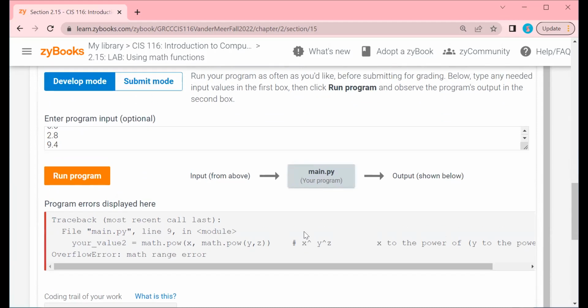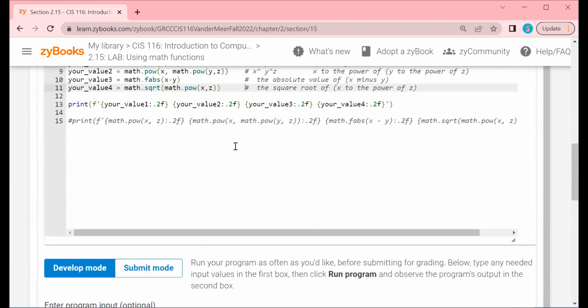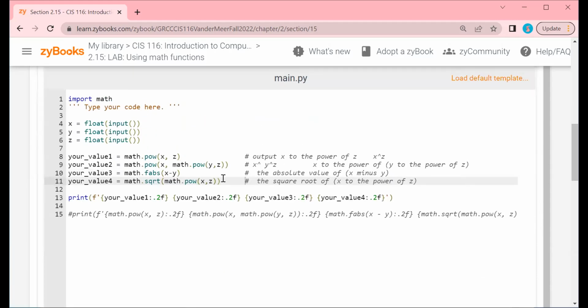Math range error. I'm gonna take that out and see if I got an issue with that. Let me check my value too. Math.pow(x, y) raises x to the power of y.